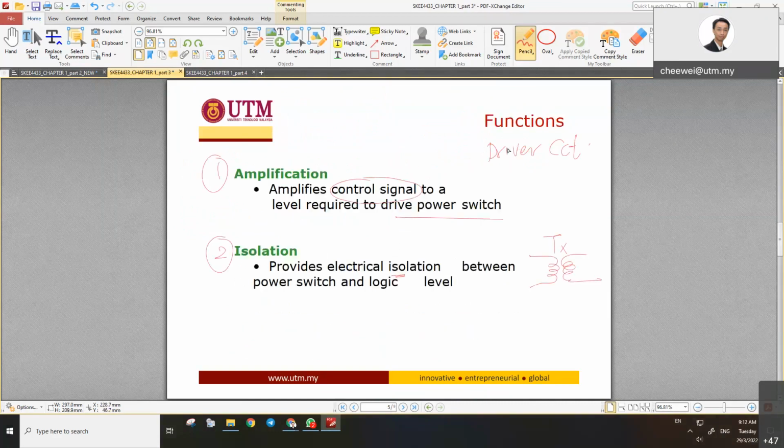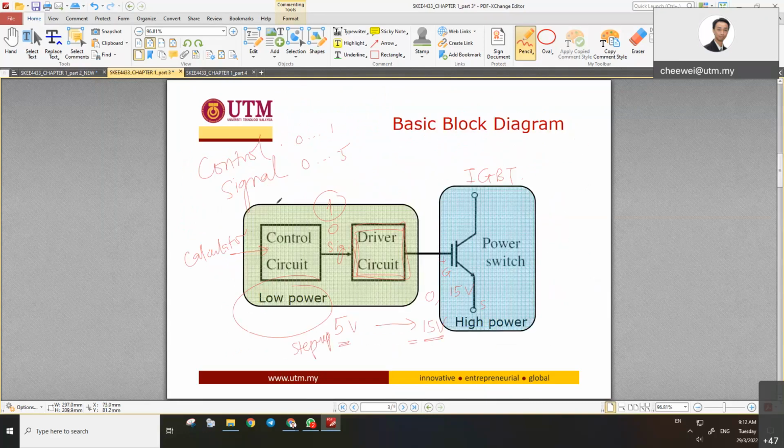So there are 2 types of driver circuit. In the commonly seen driver circuit without the transformer, the function is only to do the amplification. Because in most cases, the control circuit will give you low power.